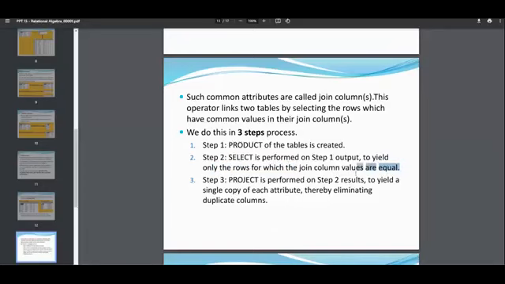After that, you can perform the project operator on the step 2 results. You have to use project to get a single copy of each attribute.